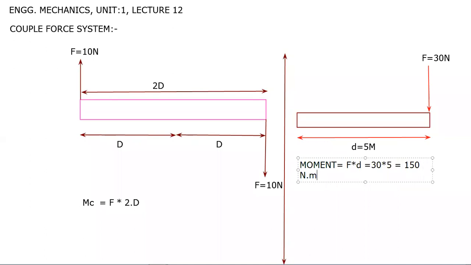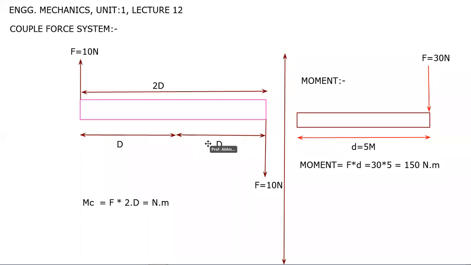So the unit of your moment is Newton meter. Remember this thing. Your moment by the couple also has the unit Newton meter. Both are having the same unit, but the scenario is different.